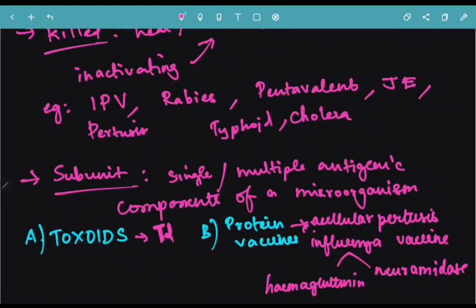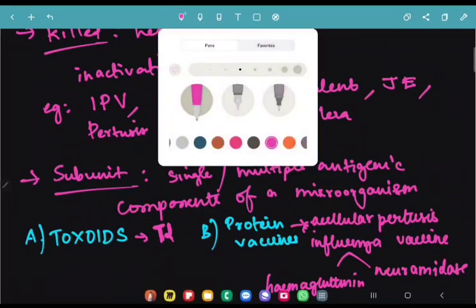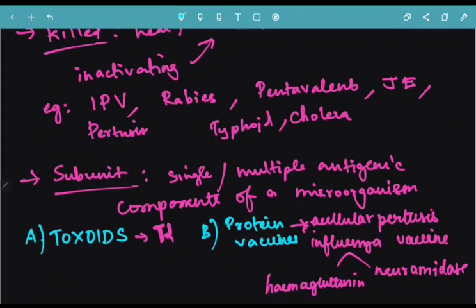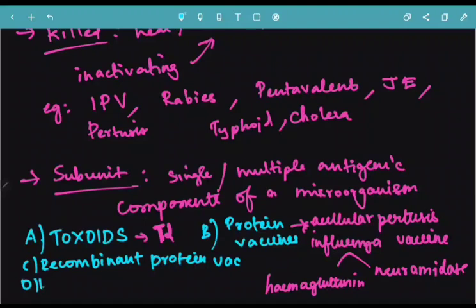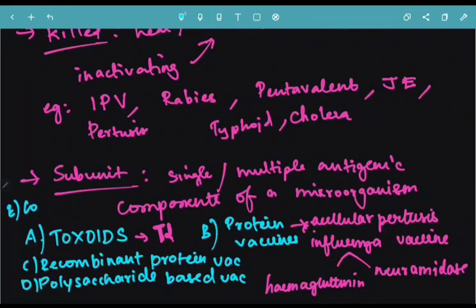So toxoids and protein vaccines are over, and then we have the third category, recombinant protein vaccines, and the fourth category, polysaccharide based vaccines, and then the next one, conjugated vaccines.